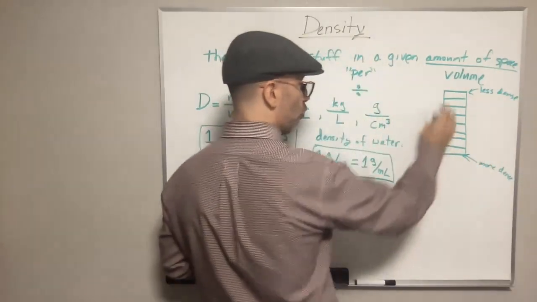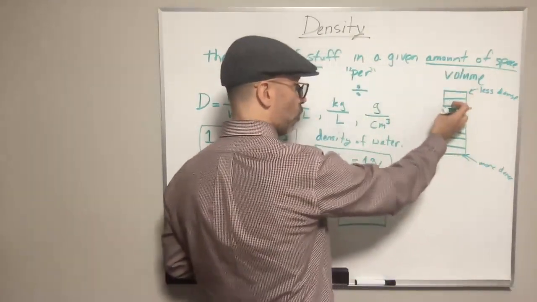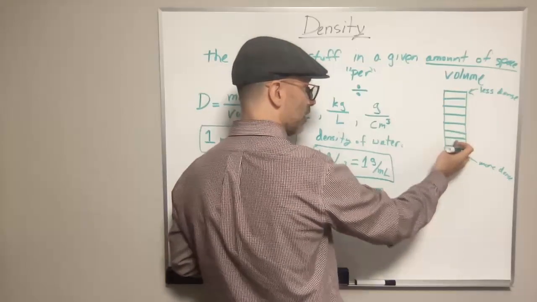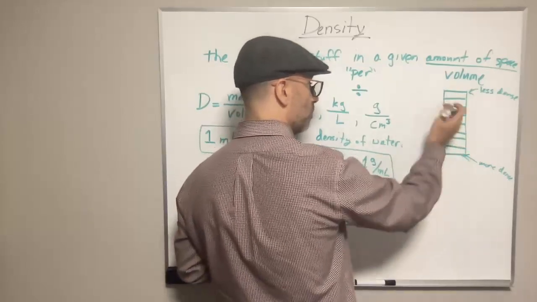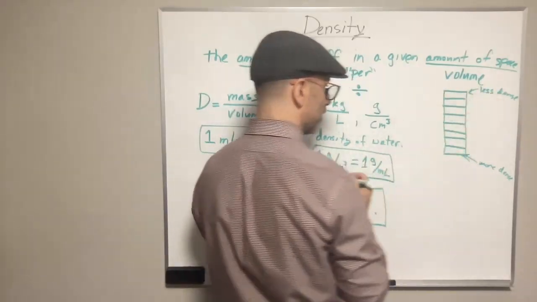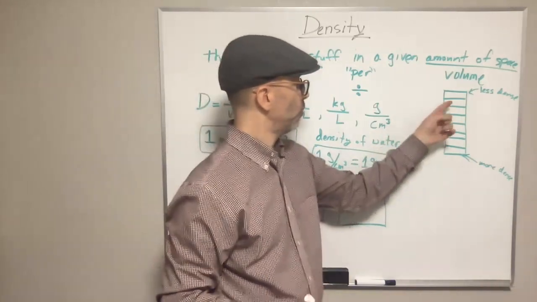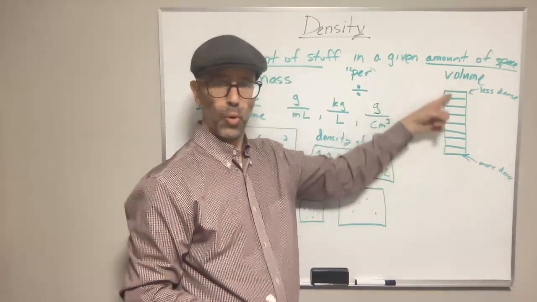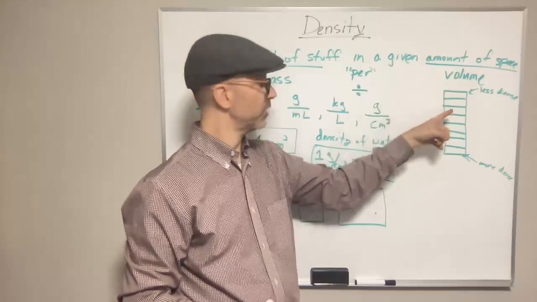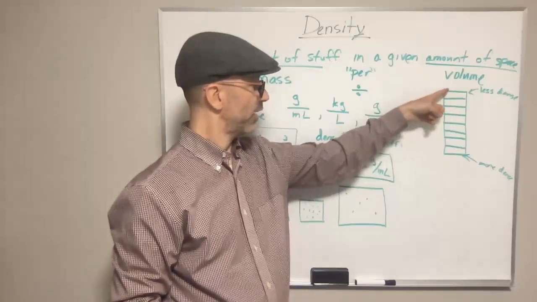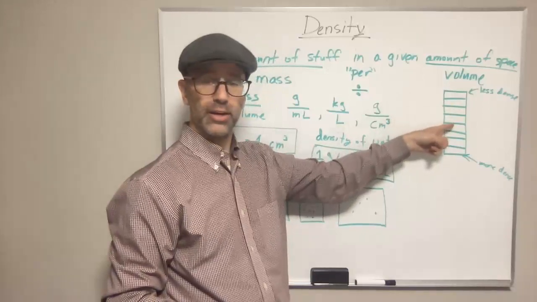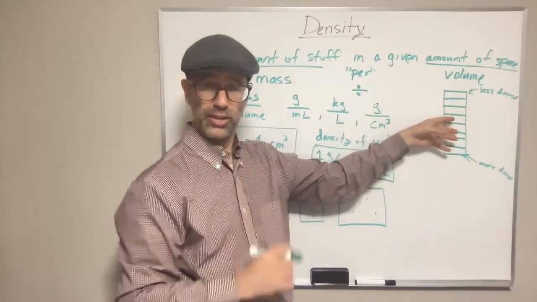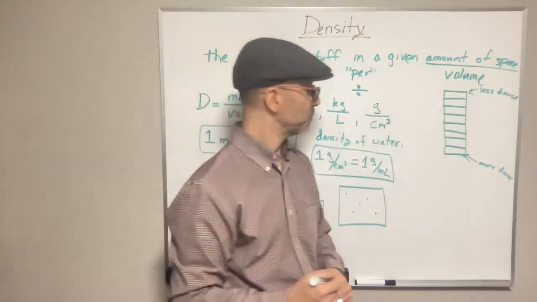So as you go down the column, you've got more dense liquids, and as you go up, you get less dense liquids. You could also put a solid in here, like a nut or a bolt or a peanut, and you could see that it'll get stuck in one of these layers, and that'll tell you the density of that particular thing as well.